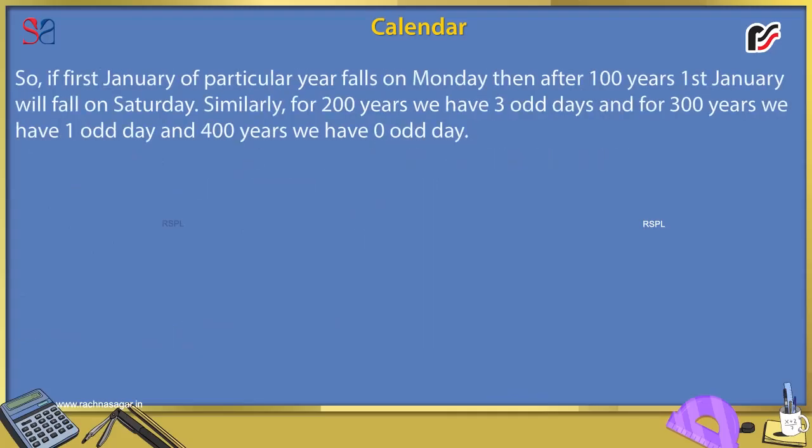So, if 1st January of a particular year falls on Monday, then after 100 years, 1st January will fall on Saturday. Similarly, for 200 years, we have 3 odd days, for 300 years, we have 1 odd day, and for 400 years, we have 0 odd days.